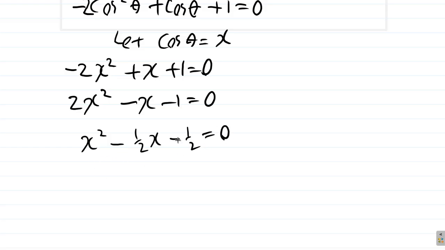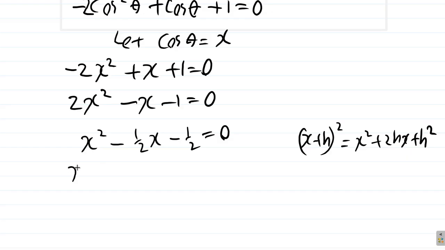Alright. Now, remember, you're going to have this thing in the form x plus h squared, which is the same as x squared plus 2hx plus h squared. That's a complete square. So you have x squared minus half x, I leave a space, minus a half equals 0.